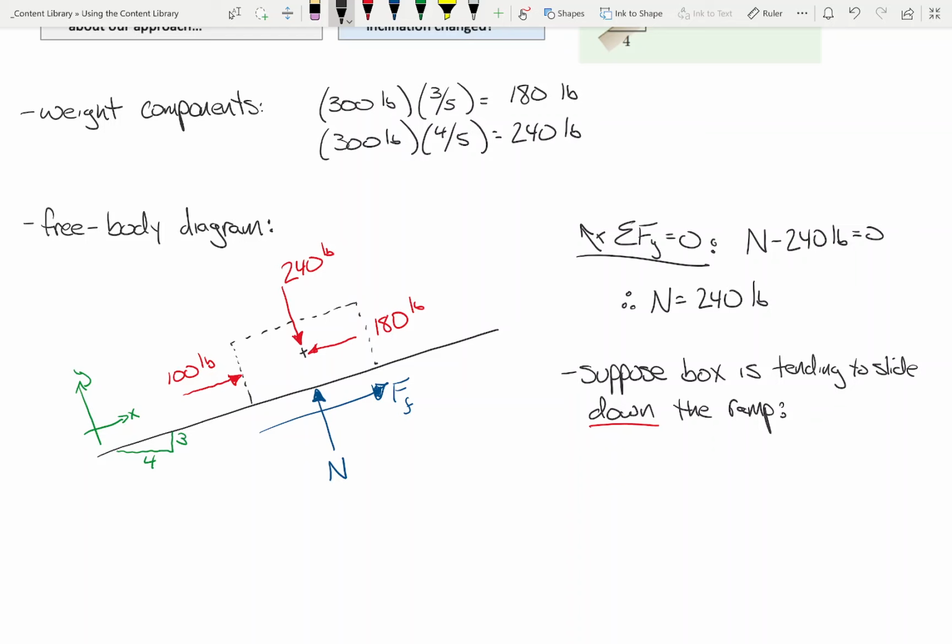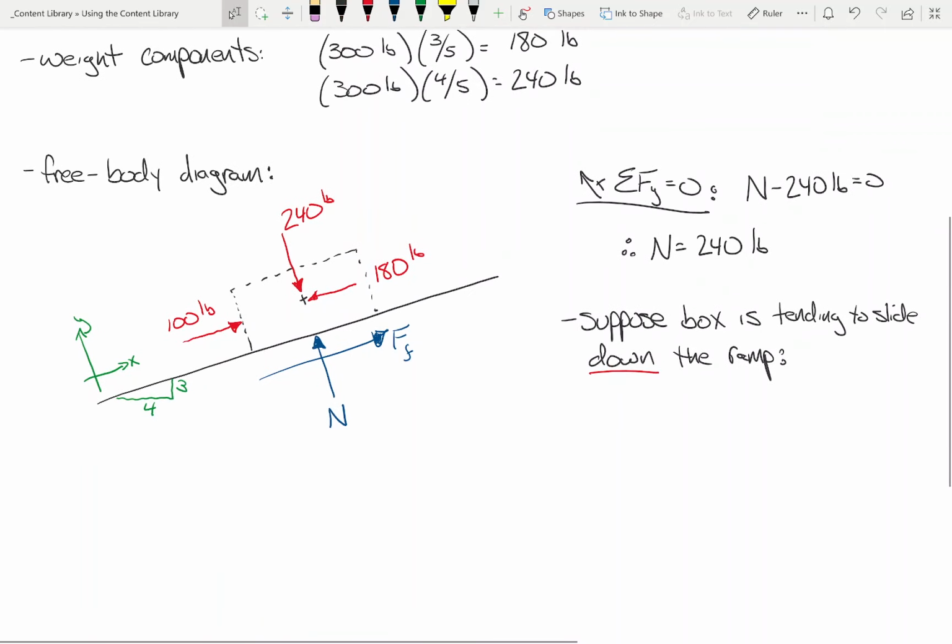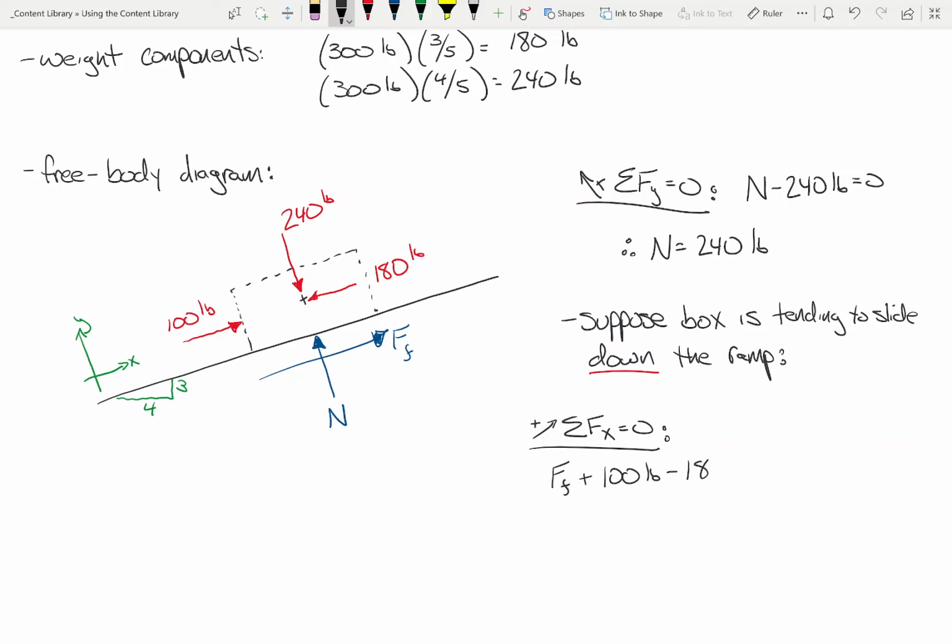Okay. So now we're going to sum forces in the x direction, and x sort of goes like that. So what do we have? Let's see. We've got F_F positive 100 pounds minus 180 pounds is 0. Is that fair how I wrote that?